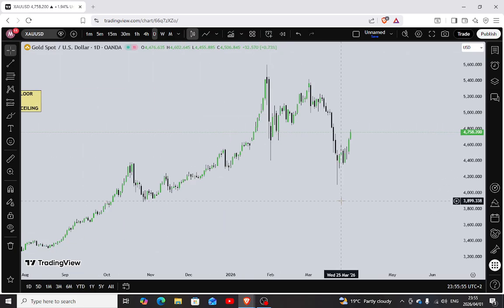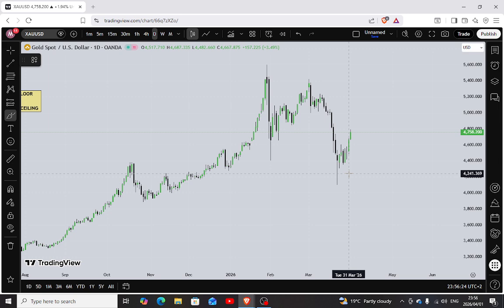Now that we got that out of the way, let's see how we actually draw these support and resistance lines. Our main focus right now is the daily time frame. You always have to draw these lines on a higher time frame rather than a lower one, so that you don't get a lot of noise. As you go down a time frame, you see more market data.